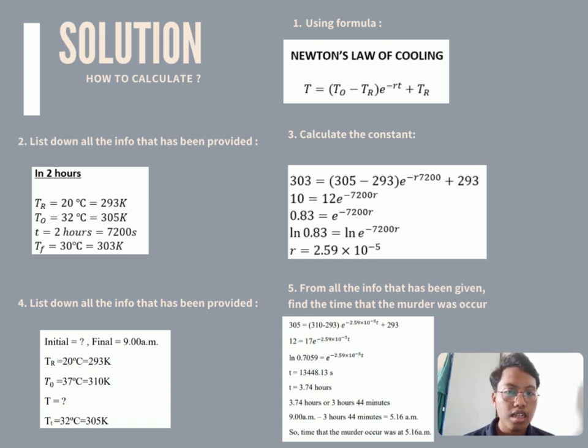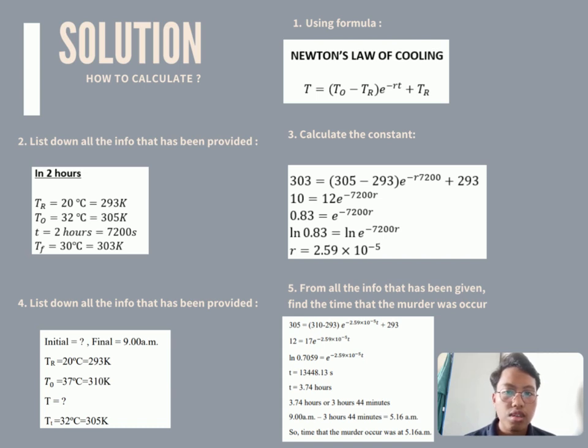So we insert the data in the equation using the constant 2.59 exponent -5, and we get T equal to 13,448.13 seconds.